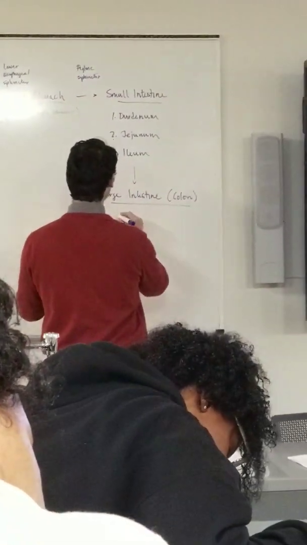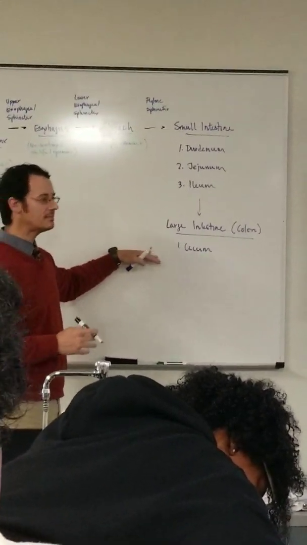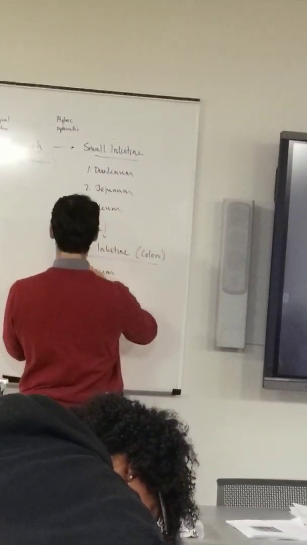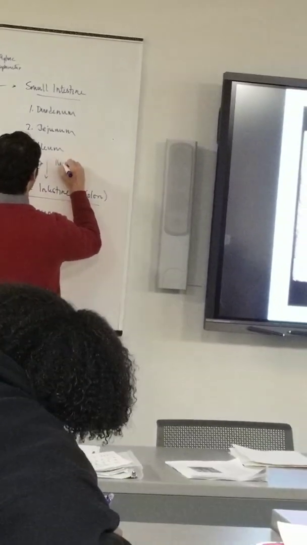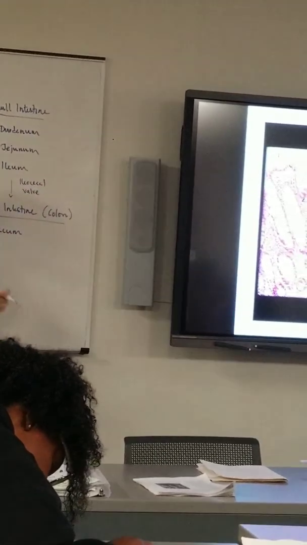The first section of the large intestine is called the cecum. And I indicate that now because the name of that structure that regulates passage from the ileum to the cecum is called the ileocecal valve.